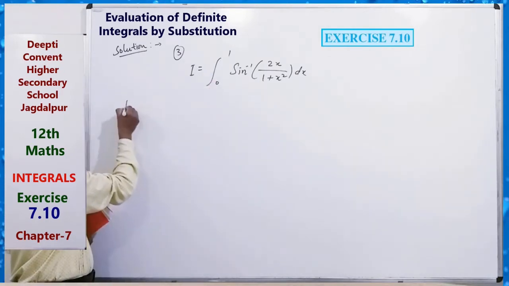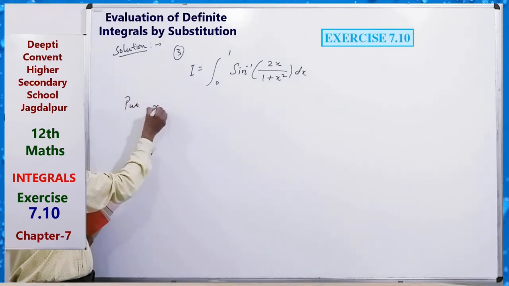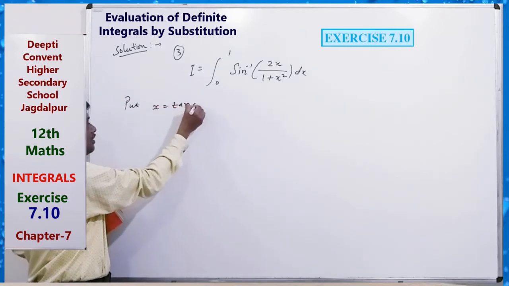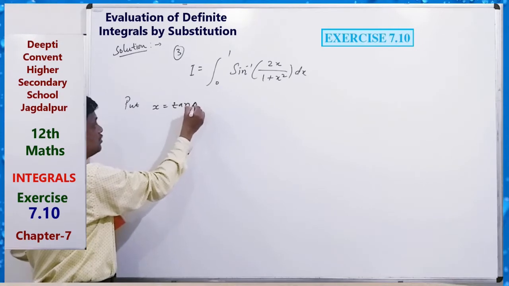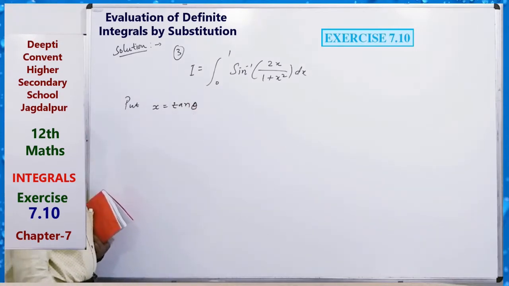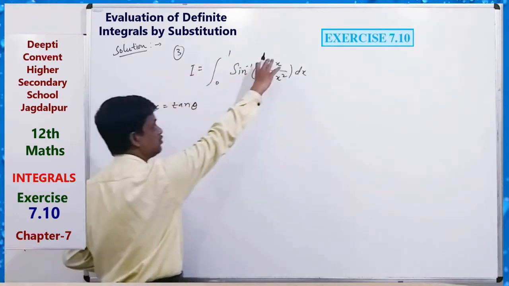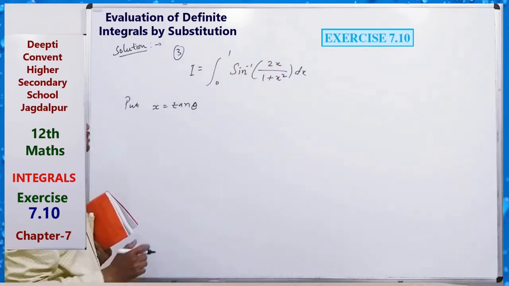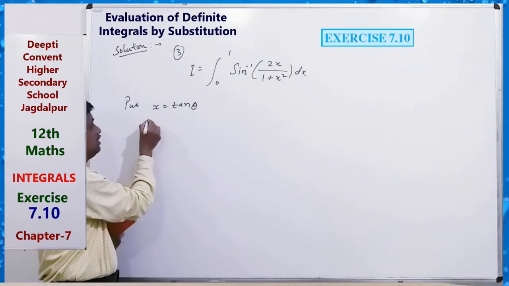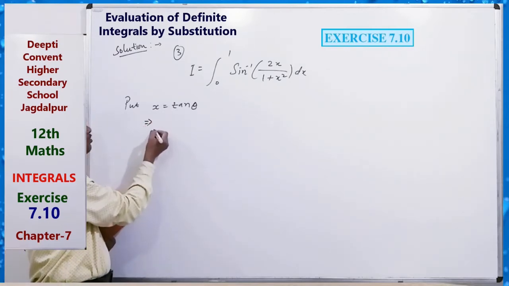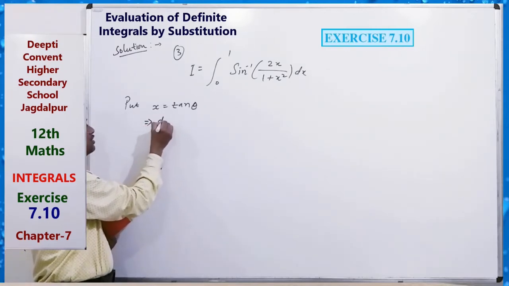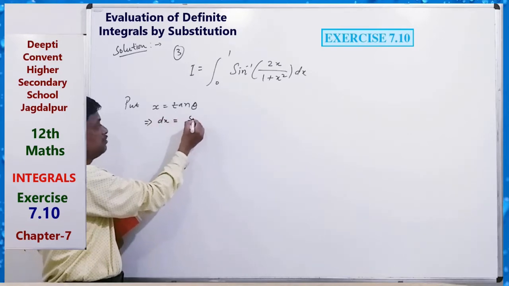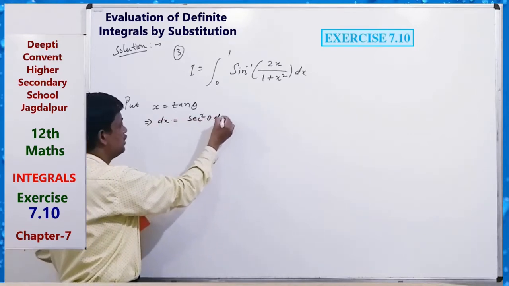So put x equals to tan theta. If x equals to tan theta, then this will be sine 2 theta. So very simple. Then dx equals to derivative of tan theta, sec square theta d theta.